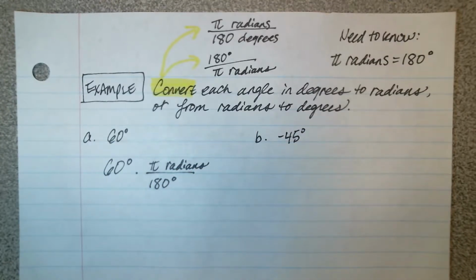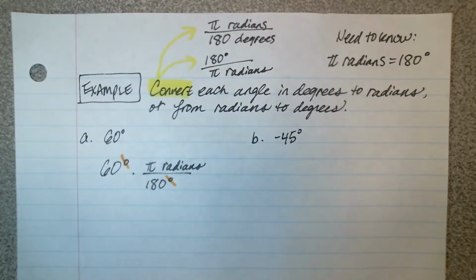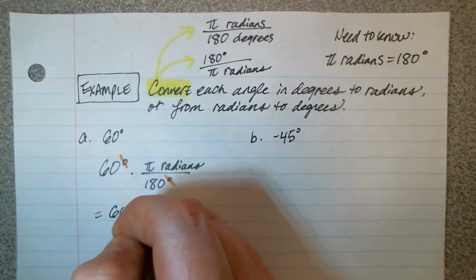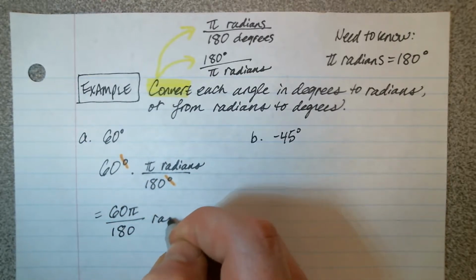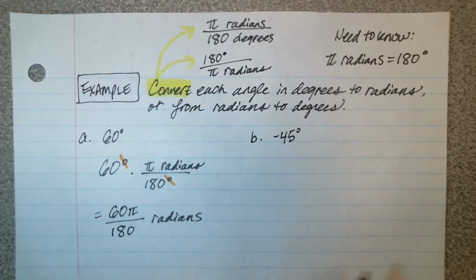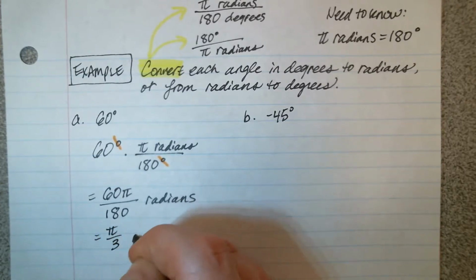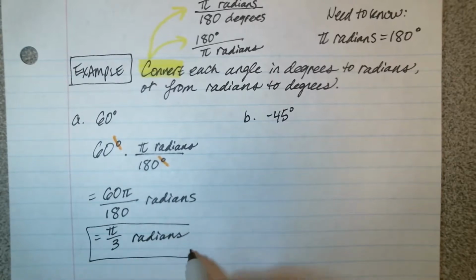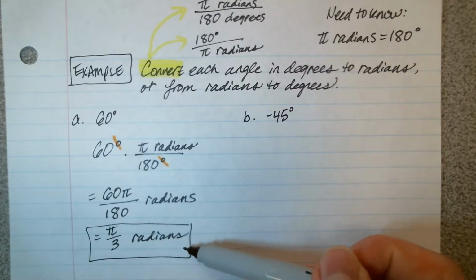So what happens is your degrees cancel and you're left with radians. So this is 60 times pi divided by 180 radians. And you want to simplify this as much as you can, so this is just pi over 3 radians. So you can see 60 degrees is the same as pi over 3 radians.